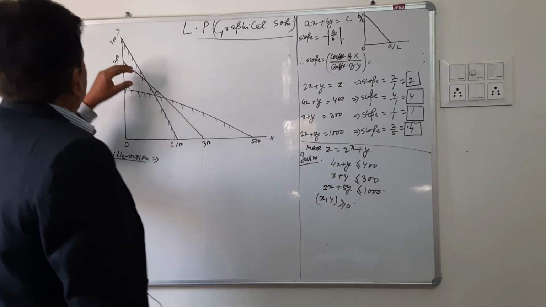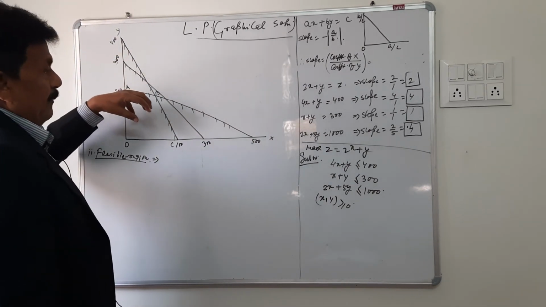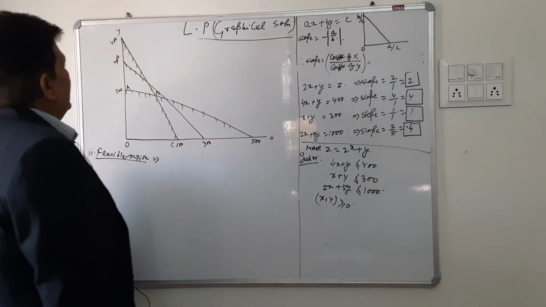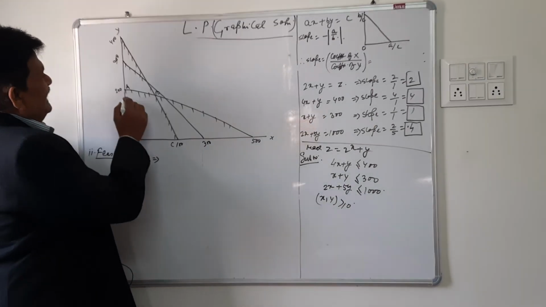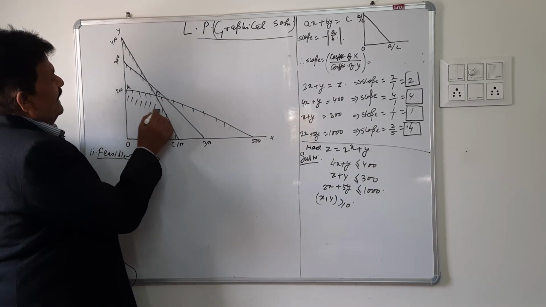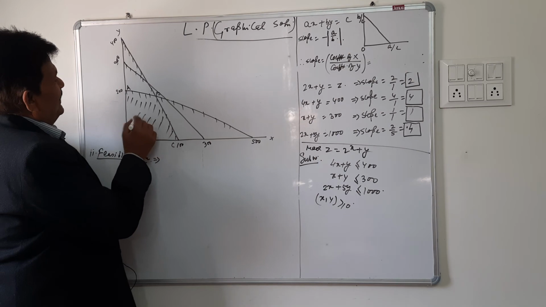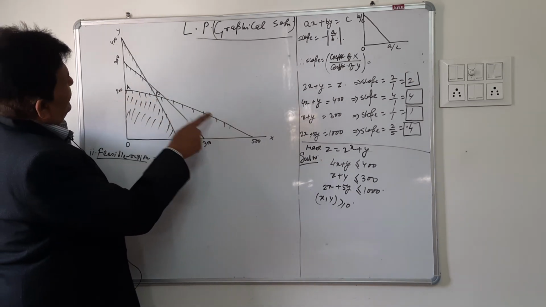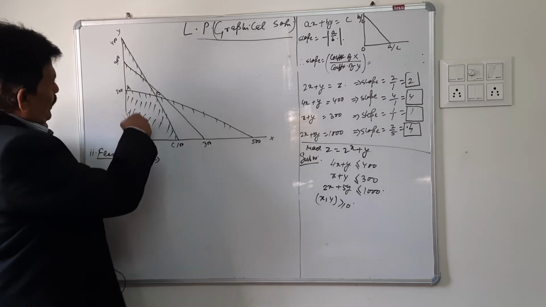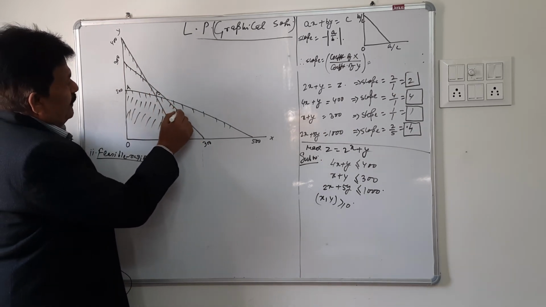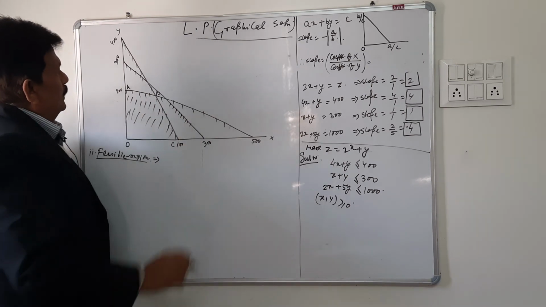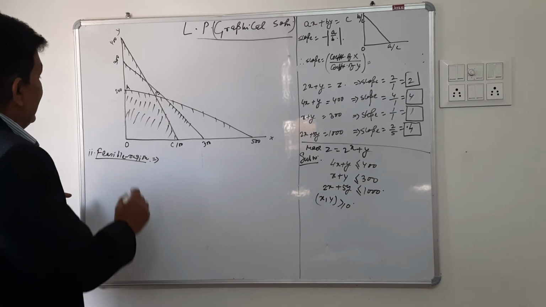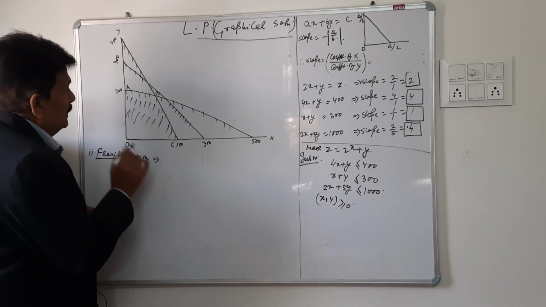Now we have to find the region within this diagram where all three constraints are fulfilled, and absolutely this region fulfills all three constraints. This is the first constraint, this is the second constraint, and this is the third constraint. All the inequalities are in the below form, so we are below. So this ABC, this entire area, is known as the feasible region.